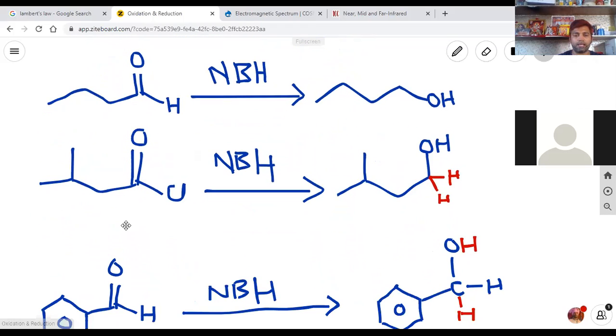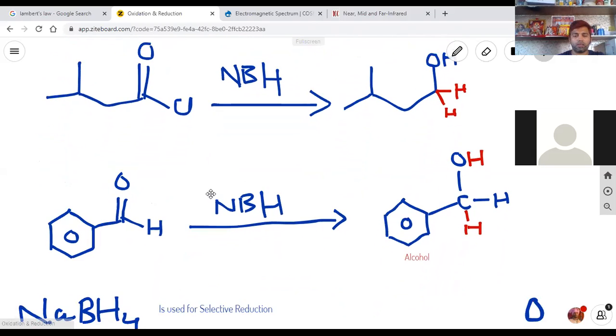Similarly, this acid chloride gets converted to alcohol, with addition of 2 hydrogens and removal of the chlorine atom as chloride ion, so there are 2 hydrogens added on this carbon.